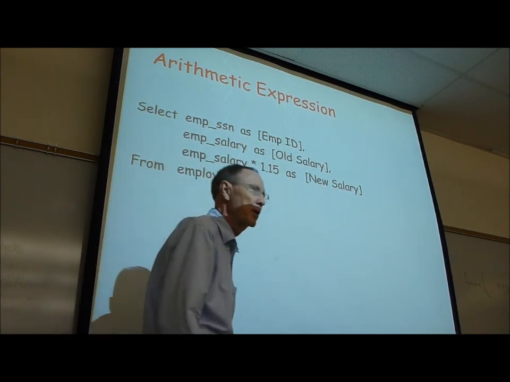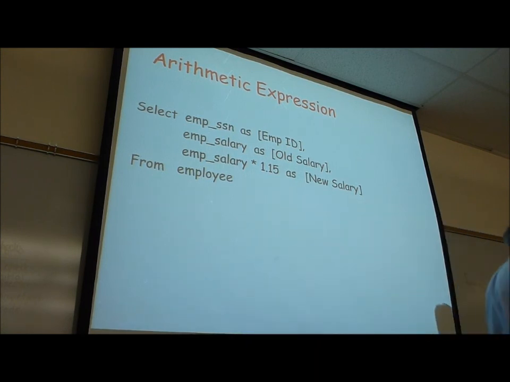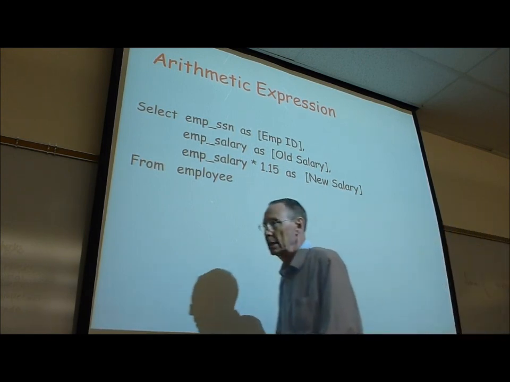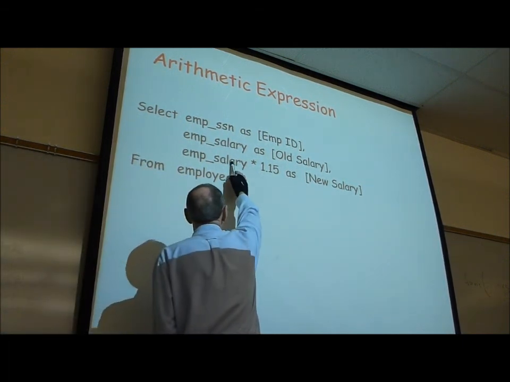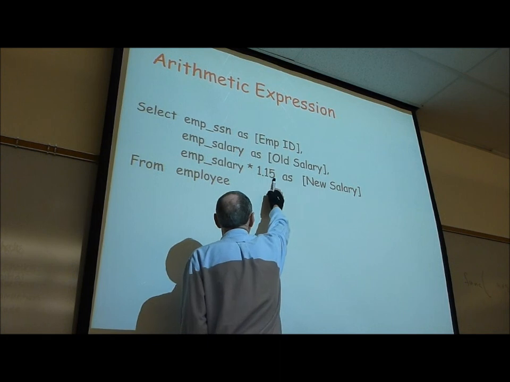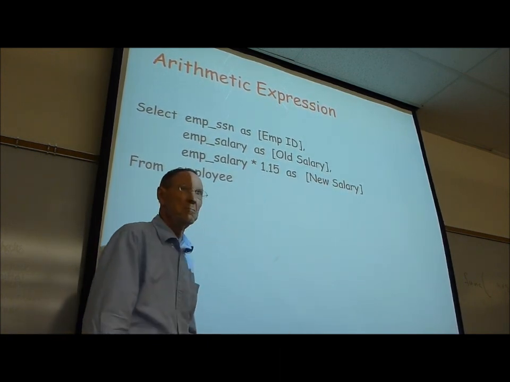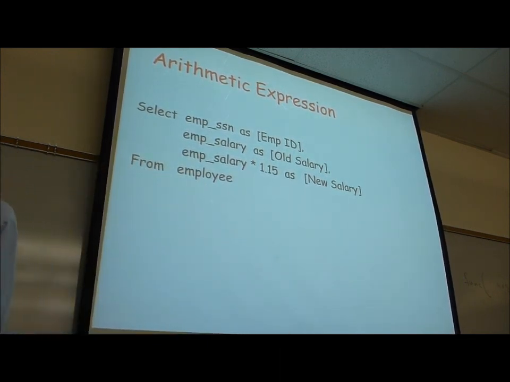That's pretty nice. We don't see those too much anymore. And then from employee. In this case, I had a column, here's the operator, and then the other operand was simply a literal value.